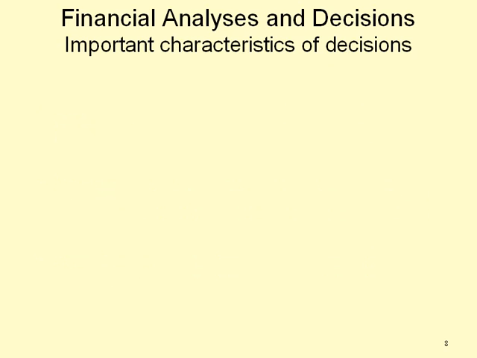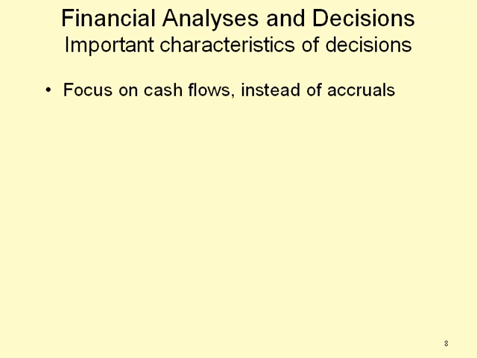These finance problems have important characteristics that determine how we approach the solution to these problems. First, in approaching these problems, we focus on cash flows instead of accruals. Now we're getting into some technical finance terms. To distinguish cash flows from accruals, let's first think about the difference between expenses and cash outflows.